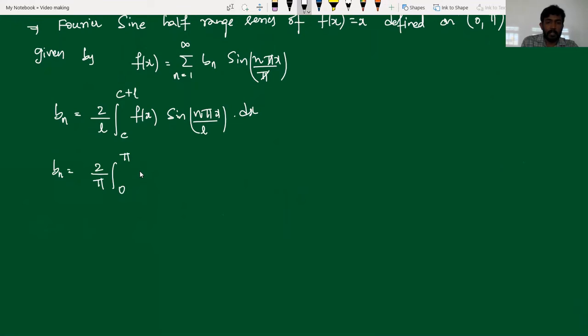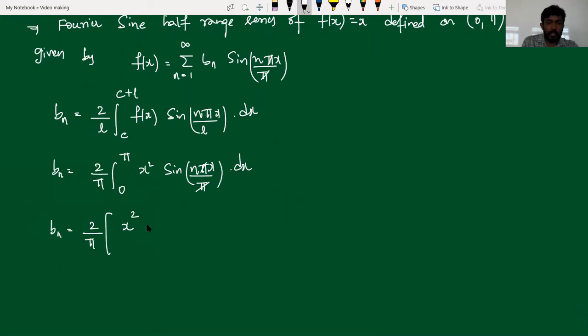F of x is x square into sine n pi x by pi. I can cancel this pi and pi. Now I apply the Bernoulli rule of integration here. This is 2 by pi into integration of x square into sine nx.